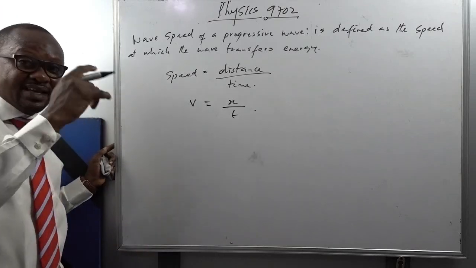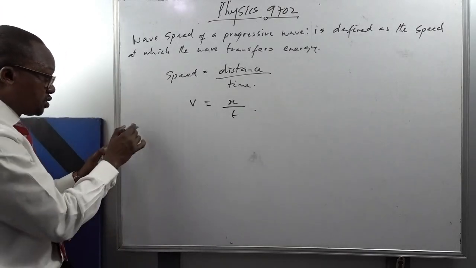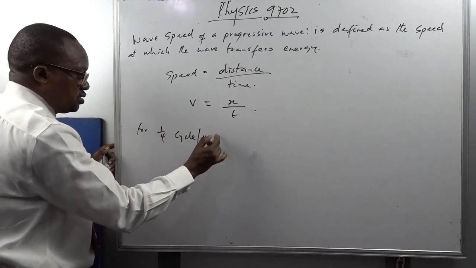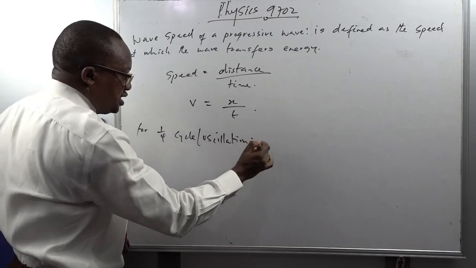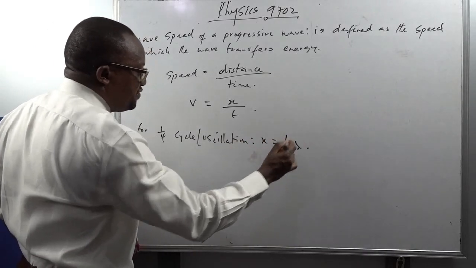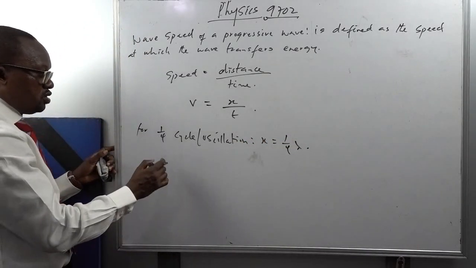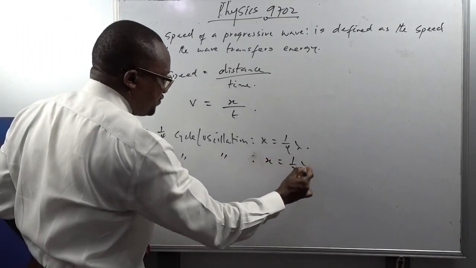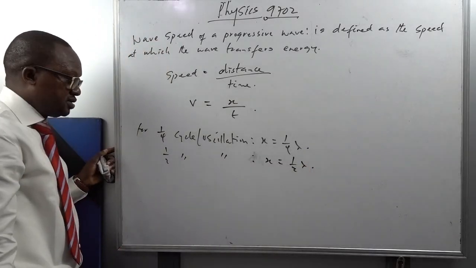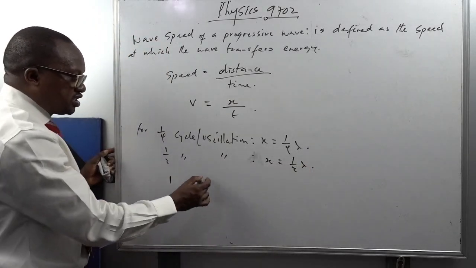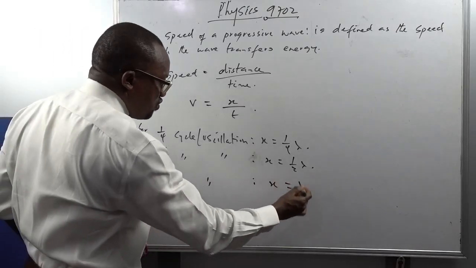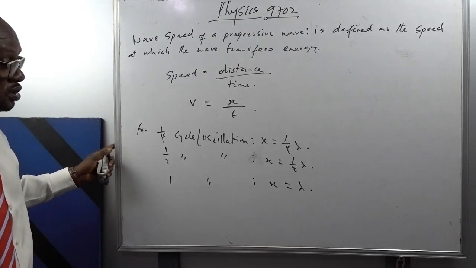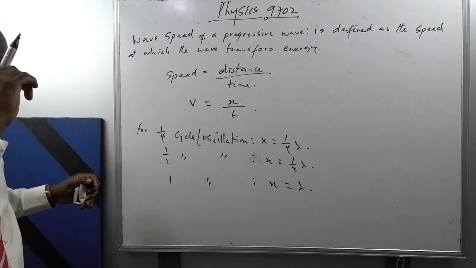When the wave completes a quarter of a cycle, for one quarter cycle or oscillation, distance covered x will be one quarter of a wavelength. For half cycle, distance covered will be half wavelength. For one full oscillation, distance covered will be one wavelength.